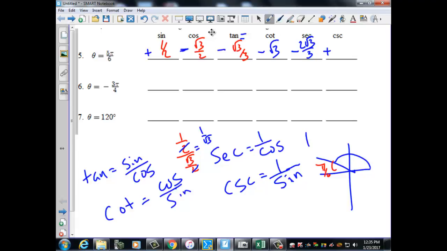Well, 1 over the square root of 3 over 2 is 2 over the square root of 3. No, never mind. I had it right. It's just that on the board you wrote cosecant and secant backwards. Oh, I did? Yes, I'm right. My fault. I think I'm right. Nope, still wrong. All right. Cosecant is 1 over sine. 1 over sine is 2.